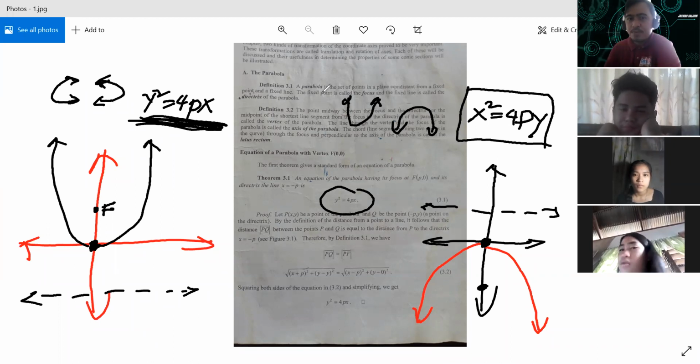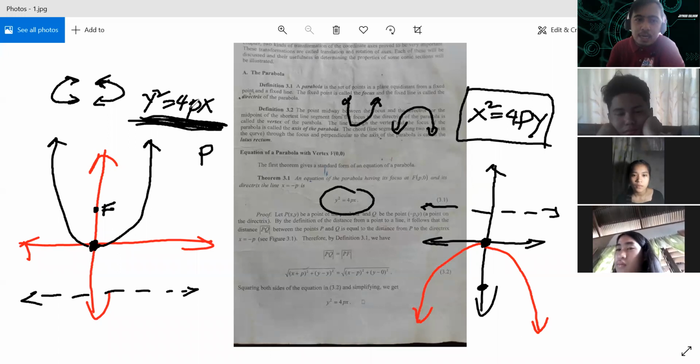Kasi kabalo, this parabola is opening to the right if the value of your p, kini nga p dinhi, is greater than 0. Okay? If kaninga p din ha is greater than 0, then that parabola is opening to the right.